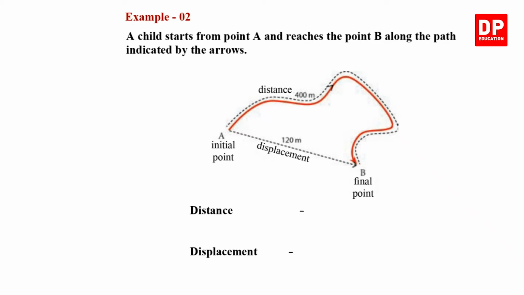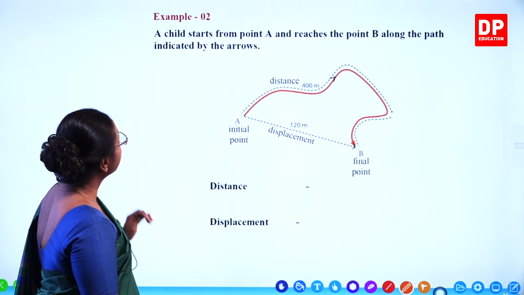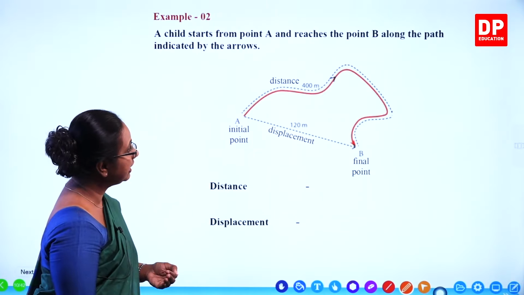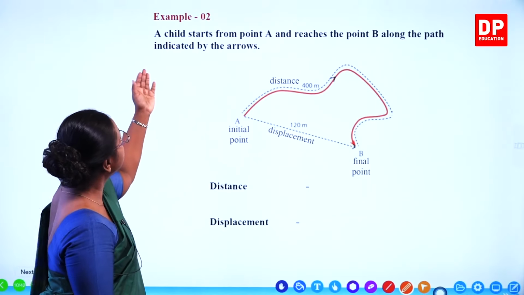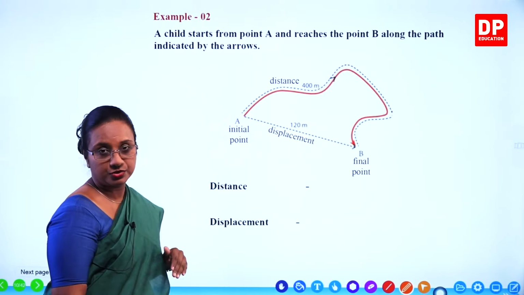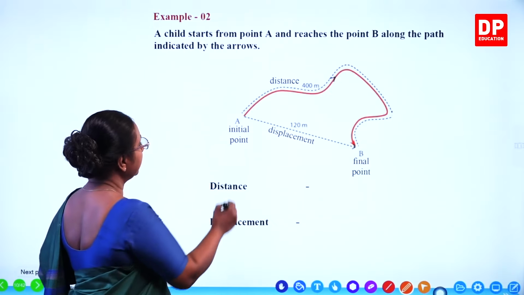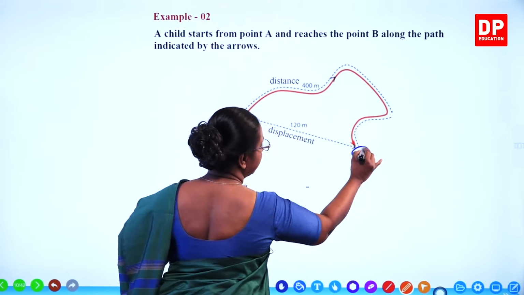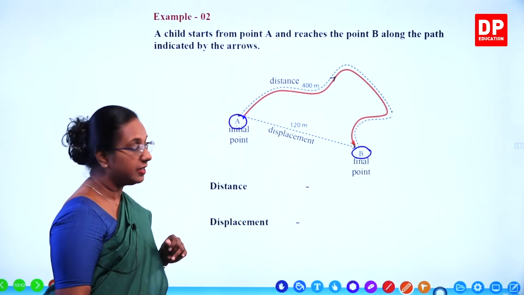Okay. Example 2. A child starts from point A and reaches point B along the path indicated by the arrows. So here you can see the initial point is A and the final point is B. It's shown to you in the figure.